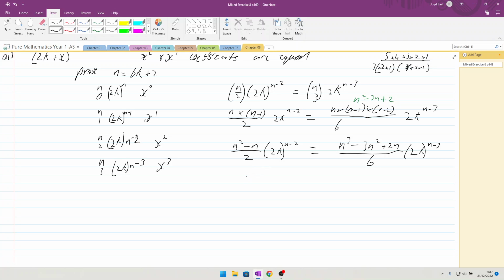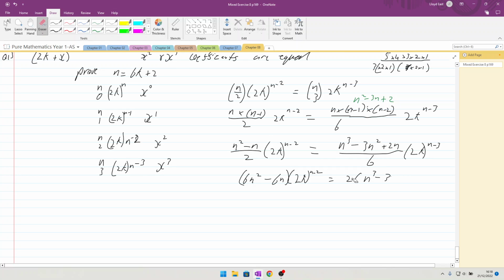So we end up with 6n squared minus 6n, and that all needs to be multiplied by 2k to the n minus 2. Then 2 times n cubed minus 3... am I multiplying that one out?